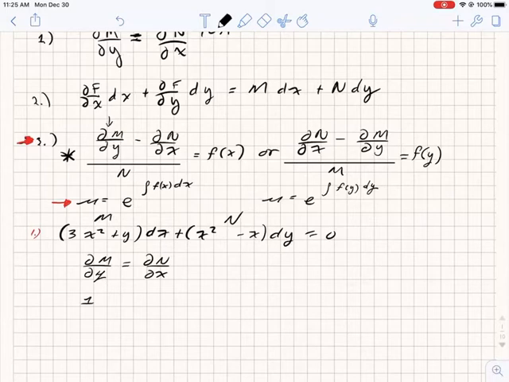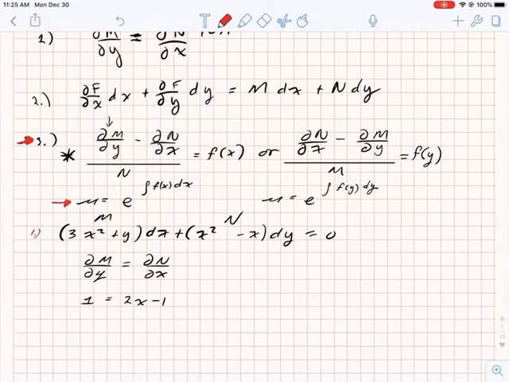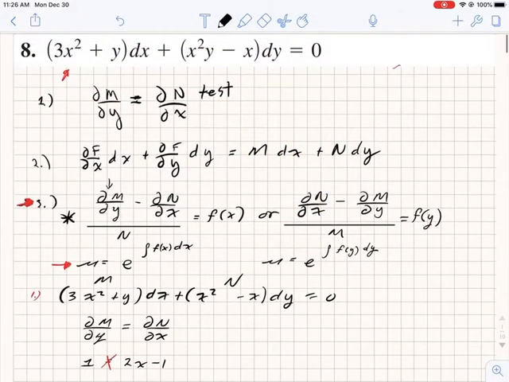So the partial derivative would be 1 is equal to (2x minus 1). So the partial derivative of M is not equal to the partial derivative of N.